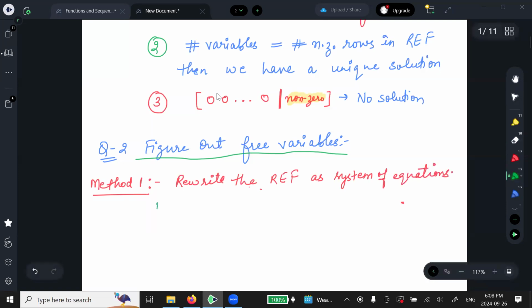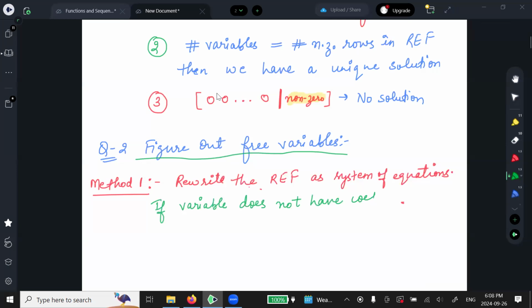So if your variable does not have coefficient 1, then it is free. By free, I mean then that variable will be a parameter. You introduce a parameter, you set that variable equal to t or s or r, stuff like that.